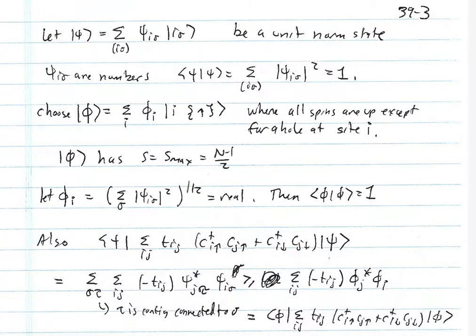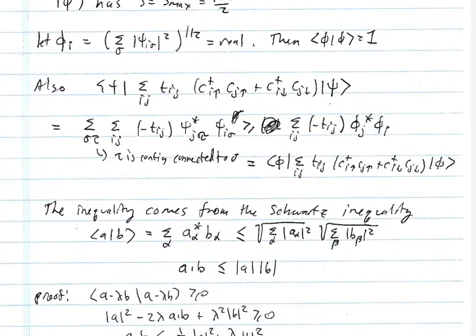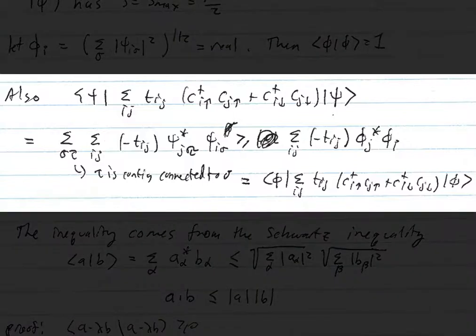Now, the second condition that we get is that when I look at the kinetic energy matrix element for psi, remember that is going to give me a minus Tij, that's the matrix element, and it's connected to a j tau, so I'm going to get a psi j tau star, psi I sigma, and I'm going to have to sum over all j taus that are connected to I sigma via one hop of the hopping matrix.